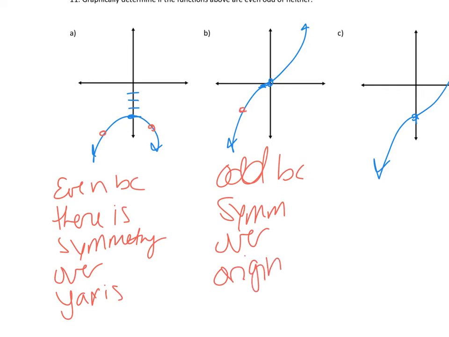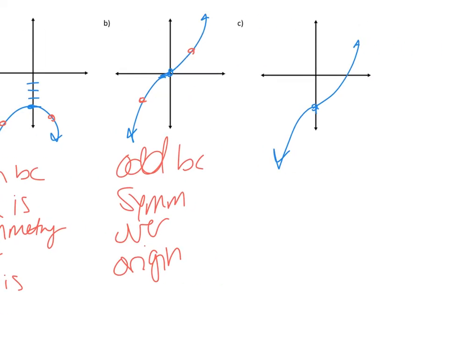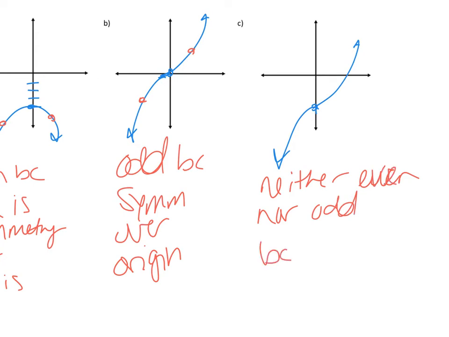This point here is exactly like that point there, right over the origin. And the last graph has neither of those symmetry properties, so it's neither even nor odd, because there's no symmetry.